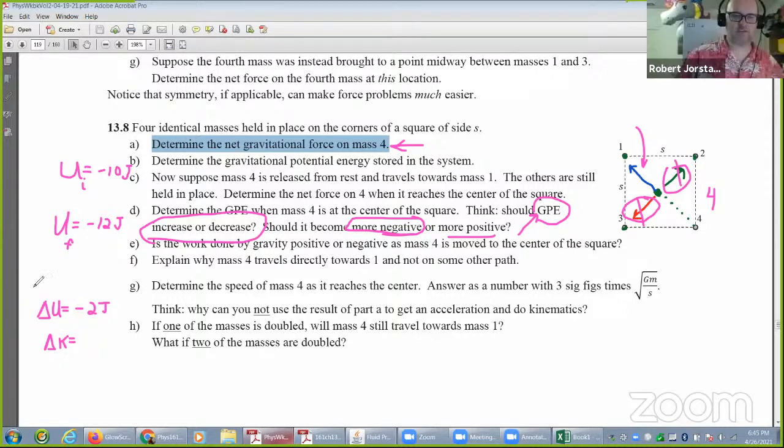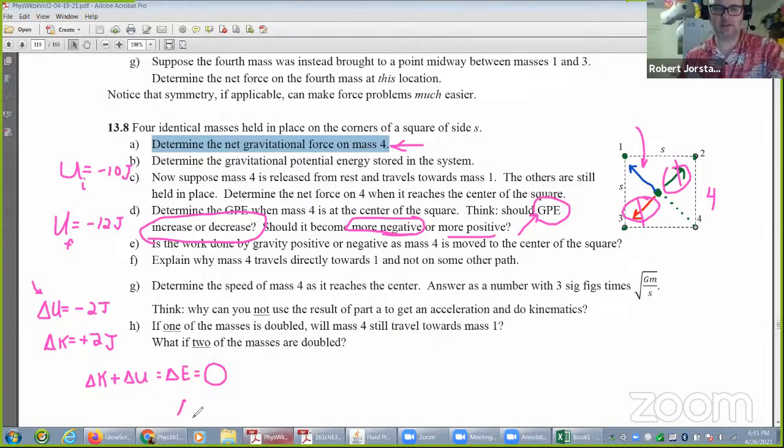So what is the change in kinetic energy? If you lost 2 from potential, what's going to happen to your kinetic? You gain 2. And that's just a fancy way of saying this is a conservative energy problem. I know that delta K plus delta U is the total change in energy. Well, if energy is conserved, what's the total change in energy? 0.